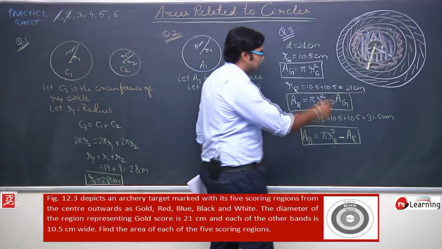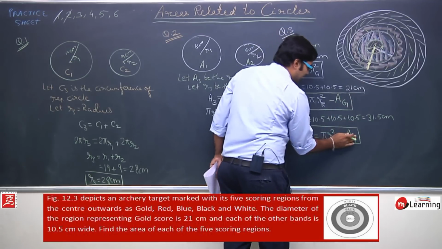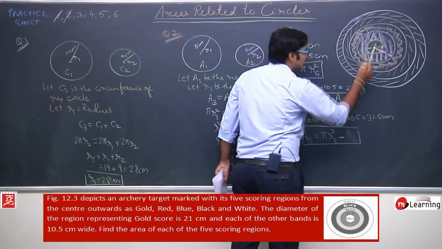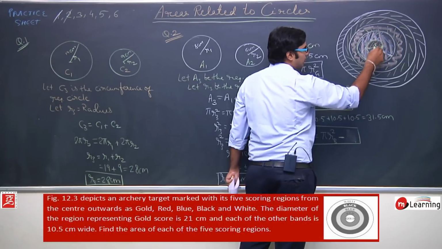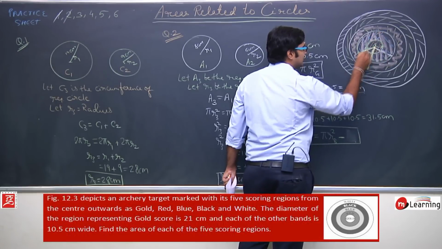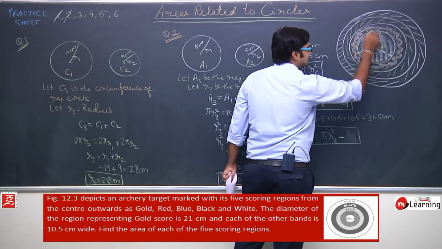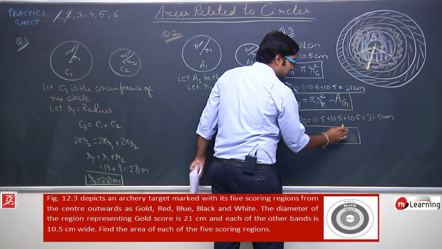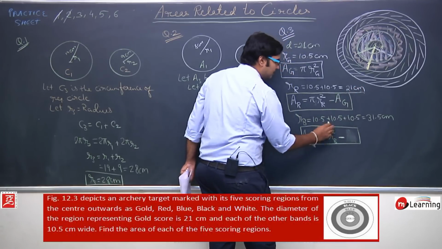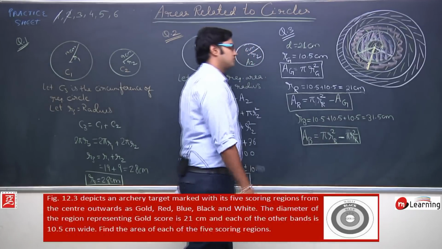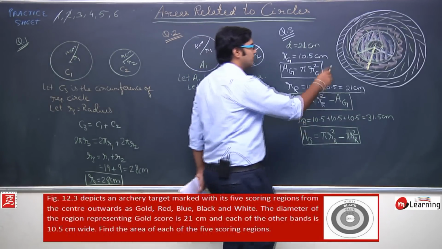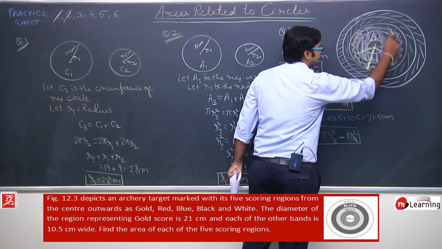I need to deduct the area of this complete region, including this gold part also. What is the radius of this region? The radius is 21 centimeters. So I will do pi r blue square minus pi capital R square. This will be the area of the remaining region.